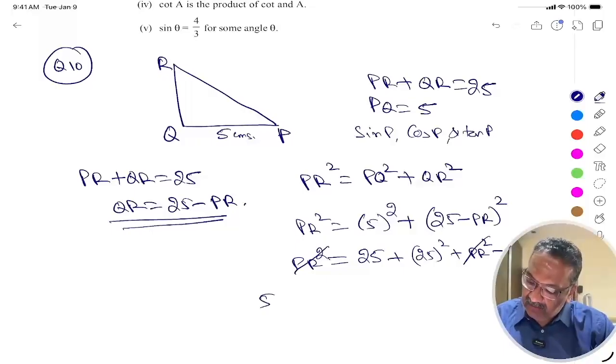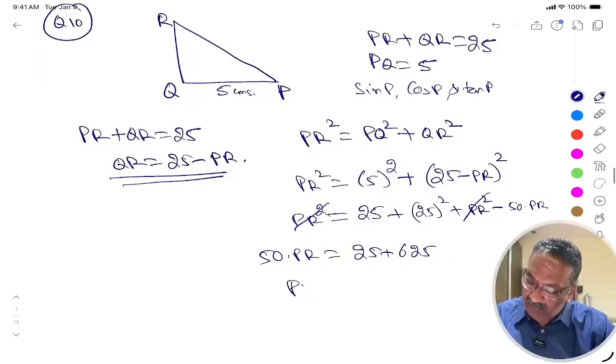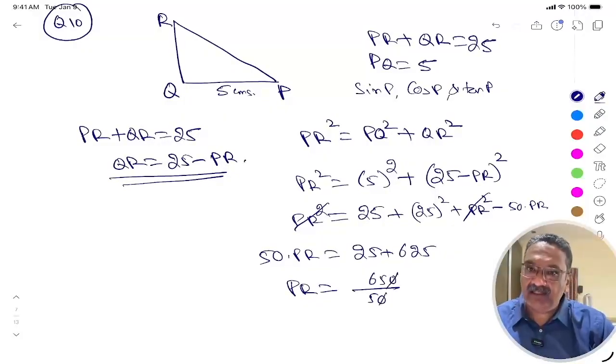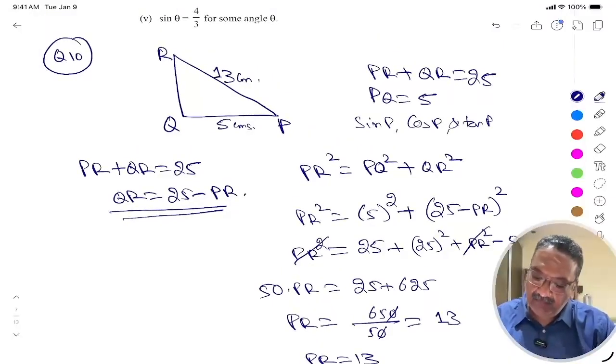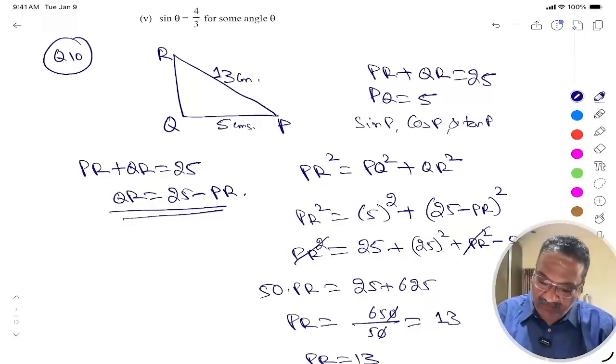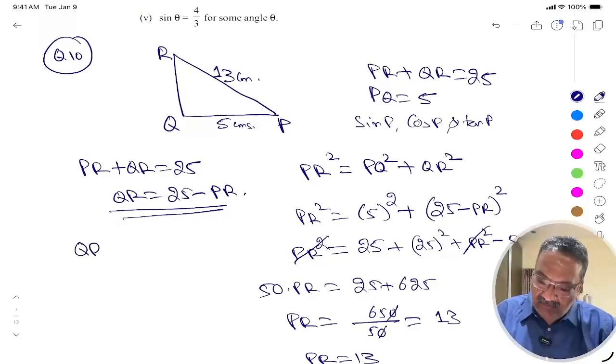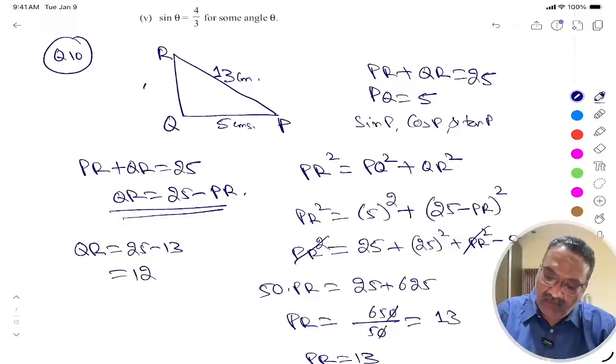So we get 50 into PR is equal to 25 plus 625, so PR is equal to 650 by 50. 0 cancels. 5 ones are 5, 5 threes are 15, so PR is 13. So we got PR as 13 centimeters. Therefore QR is equal to 25 minus 13, which is equal to 12 centimeters. So we got all the three sides.